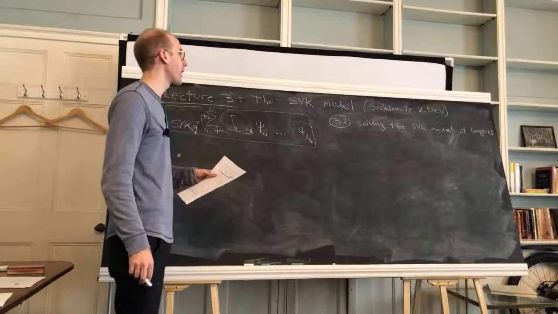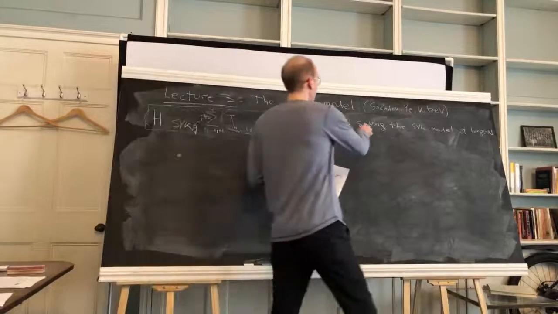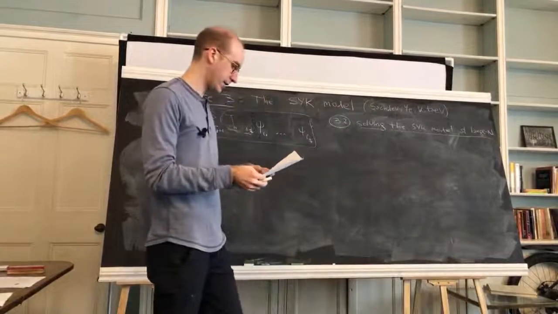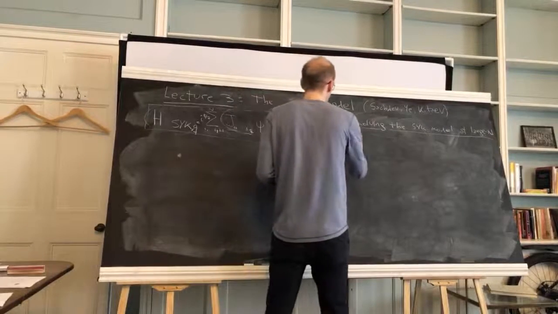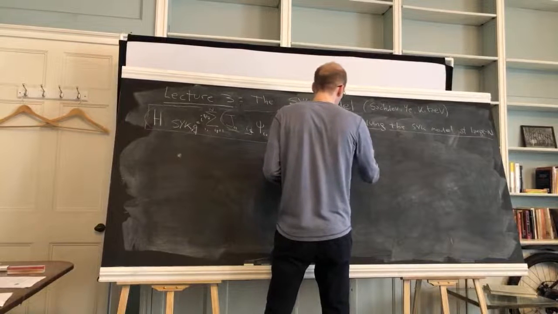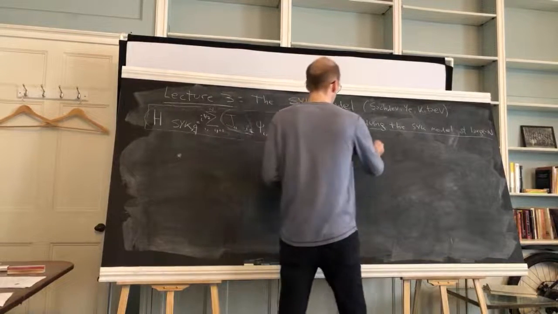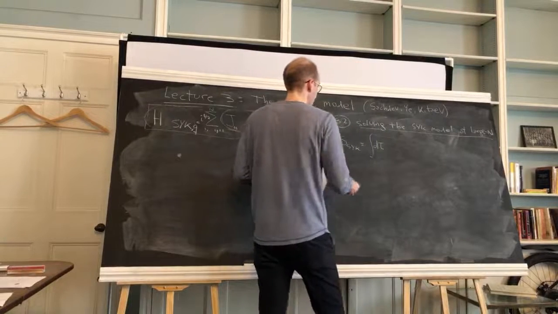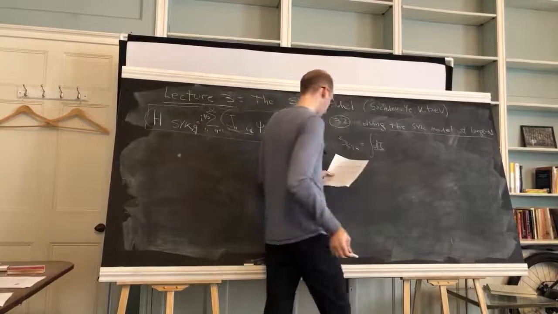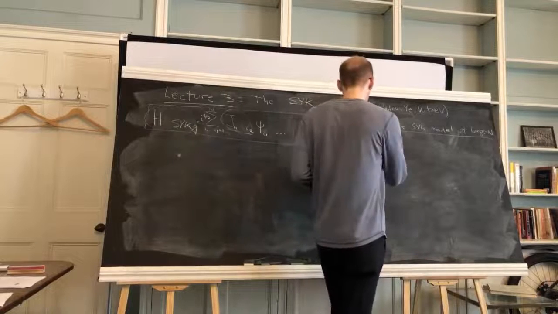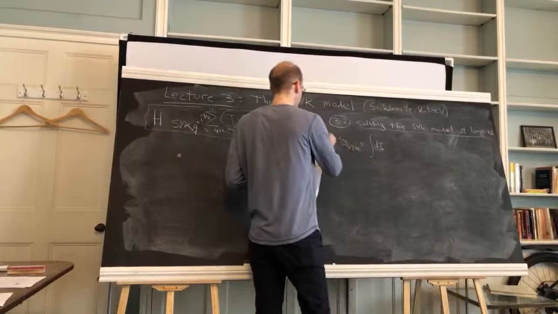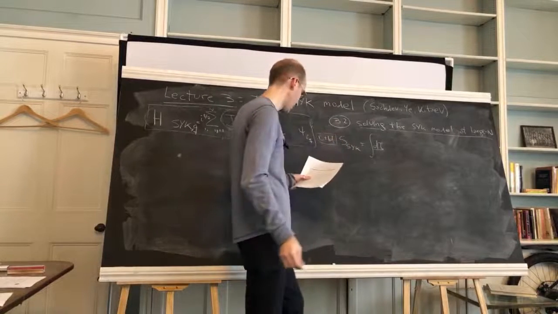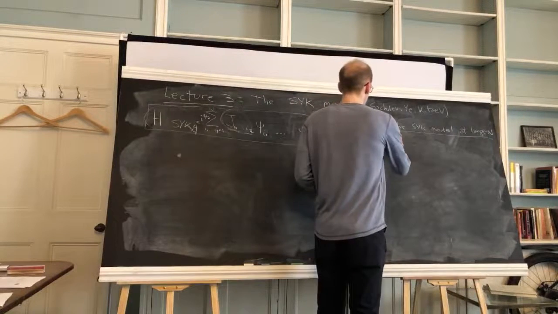But we can go a little bit farther and try to solve the model analytically at large n. And for that, we would like to define, instead of a Hamiltonian, an action for this SYK model. As I told you, we will stay in Euclidean signature, and everything happens at a point. So this is a 0 plus 1 dimensional system.